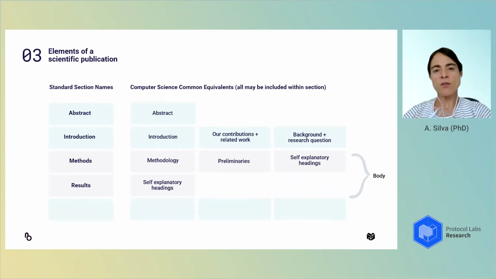The methods and the results really correspond to the essence and the body of the paper. So it's really here where you have to get things in the most reader-friendly way, because if you're not clear in how you've done things in the methodological section, then the reader, and of course I'm implying the journal editor and the reviewers, might not be persuaded that you collected data with good quality and quantity.